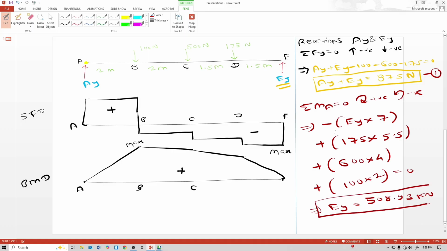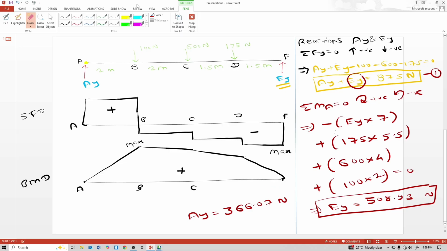See, this EY is 508.93. Put this EY here. That means this AY is equal to 875 minus 508.93, it is 366.07 Newton. See, here it is a mistake. Here it is Newton, not kilonewton.